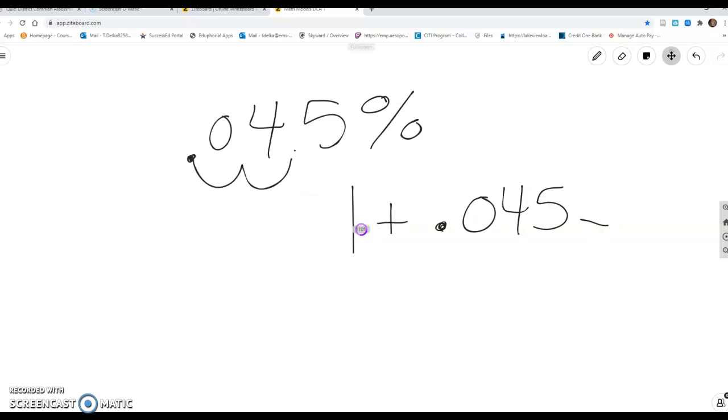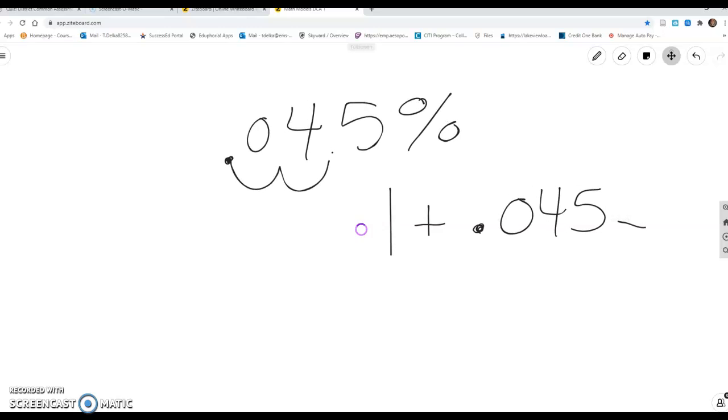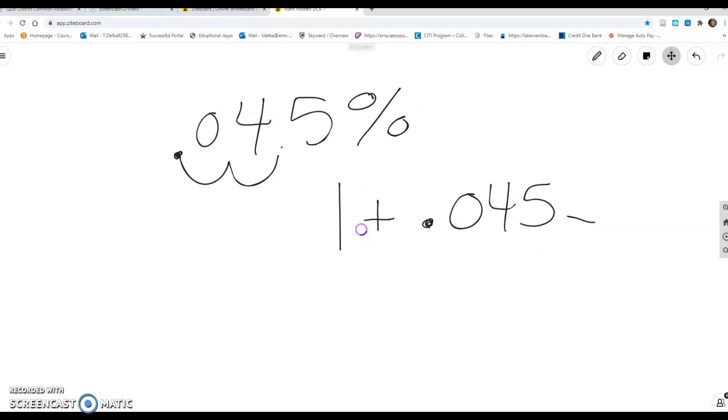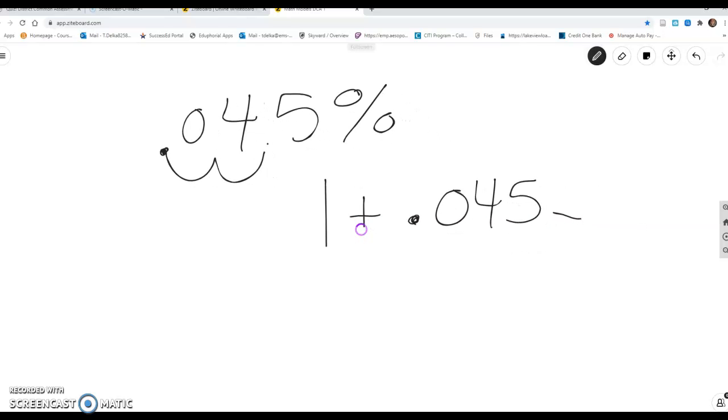Do not be tricked by this. Hold on. Okay. If you take your calculator and you say 1 plus 0.045, you should get 1.045. That's the growth.